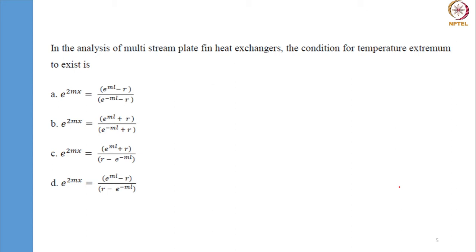In the analysis of multi-stream plate fin heat exchangers, the condition for temperature extremum to exist is, so we know the temperature distribution from my previous slide. Based on that temperature distribution, what is the condition for extremum to exist? Extremum means either temperature minimum or temperature maximum.